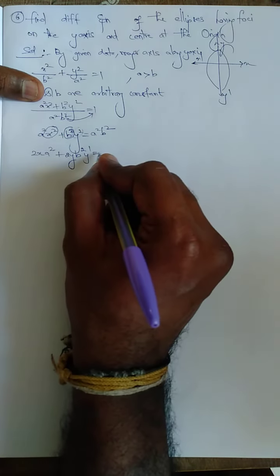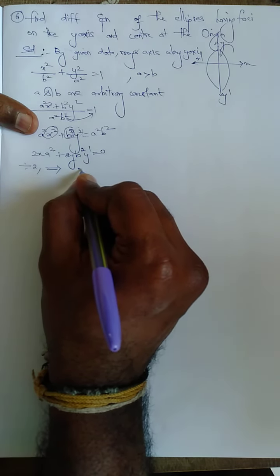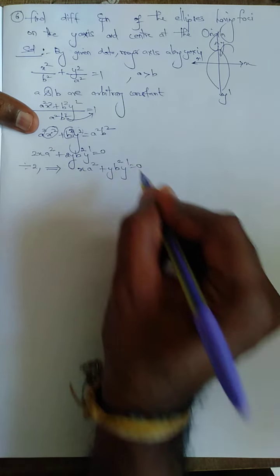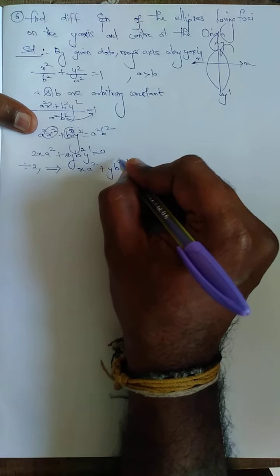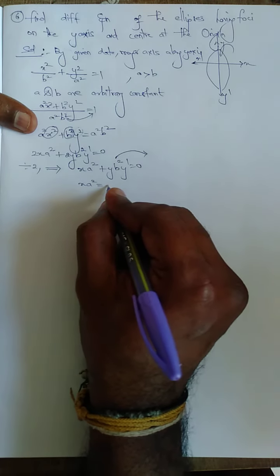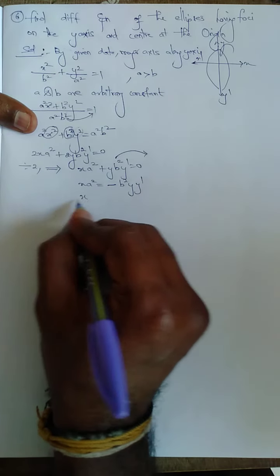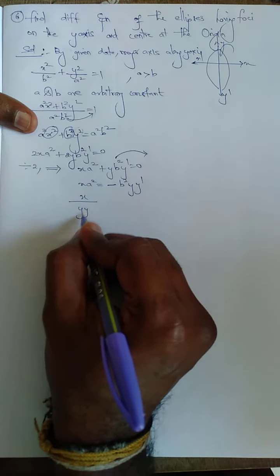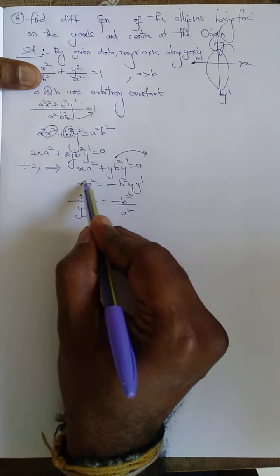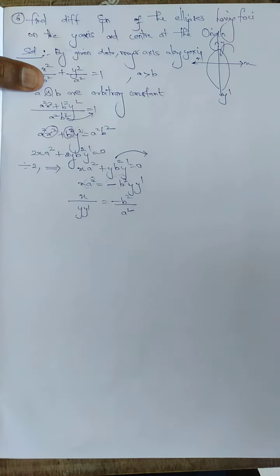A square b square is constant, so it gives 0. Dividing by 2, x a square plus y b square y dash equals 0. Moving it across, y dash equals minus b square by a square times x over y.